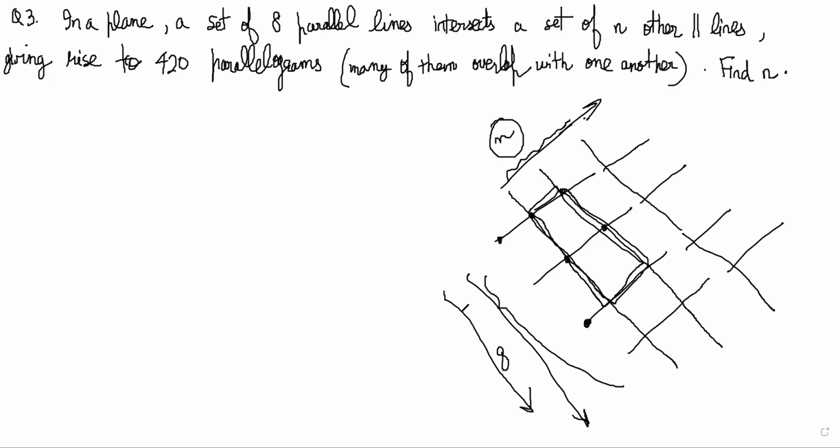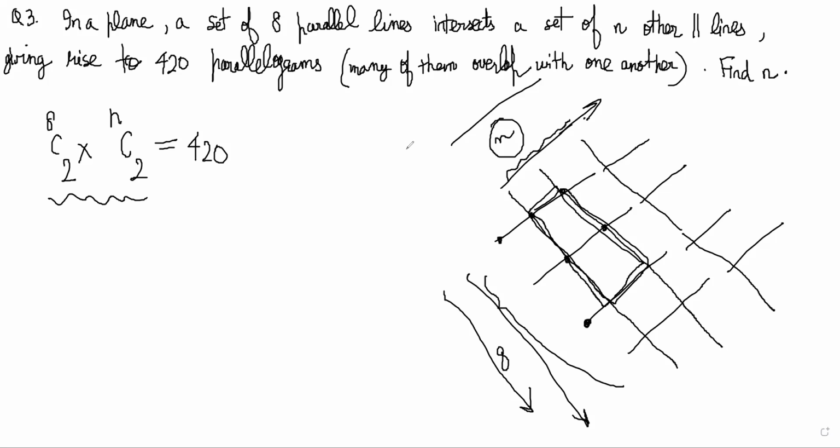So it is just simply selecting two lines out of this is 8C2, right? And selecting two lines out of this will be nC2. I did 8C2 plus nC2 is equal to 420, and then I was solving it.